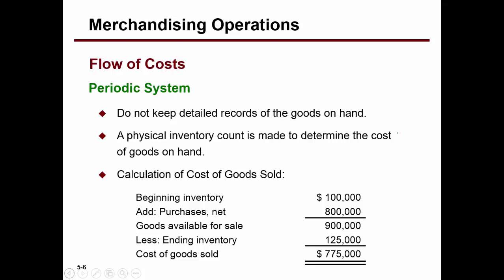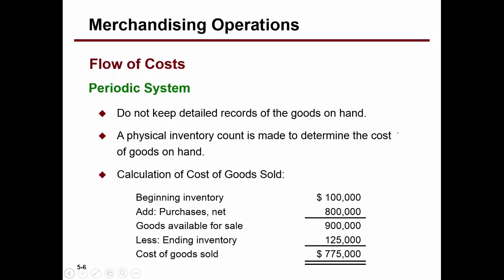So right now, if you think about it, our inventory account is only showing our beginning inventory at this point in time, because we put everything else in purchases. So we're going to take our beginning inventory and add what's in our purchases account.